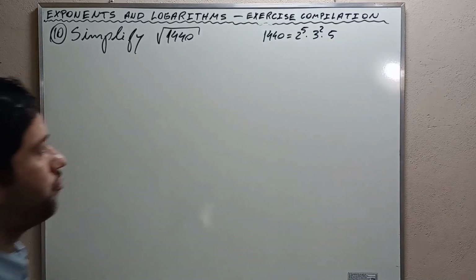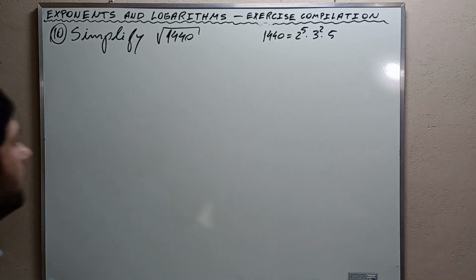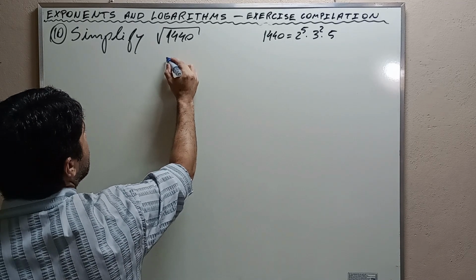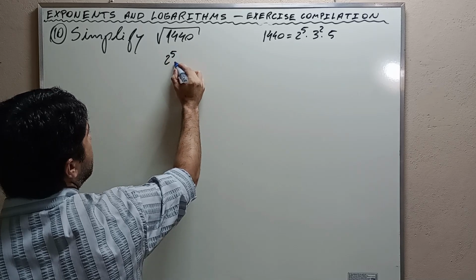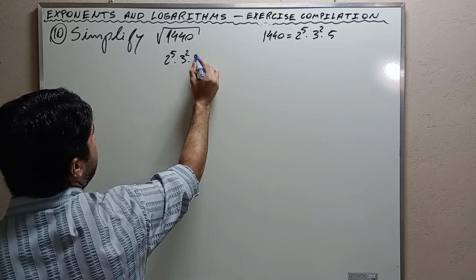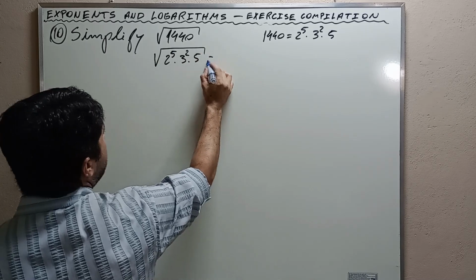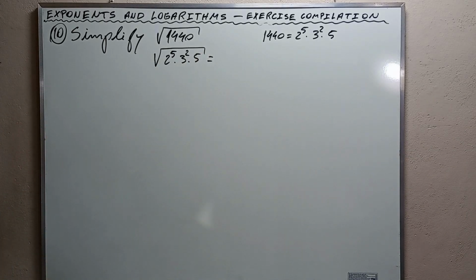And we put this factorization in the root, and it becomes the square root of 2 to the 5th times 3 squared times 5. But remember that the square root is similar to raising a number to the power of a half.